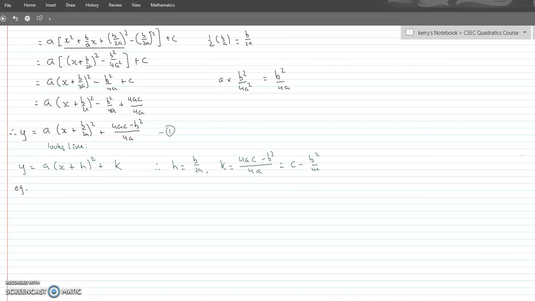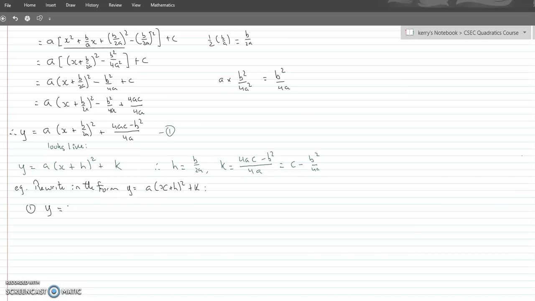So let's say, for example, rewrite in the form y is equal to a into x plus h squared plus k. Right, sorry, I put this as y is equal to that. So rewrite it in this form.